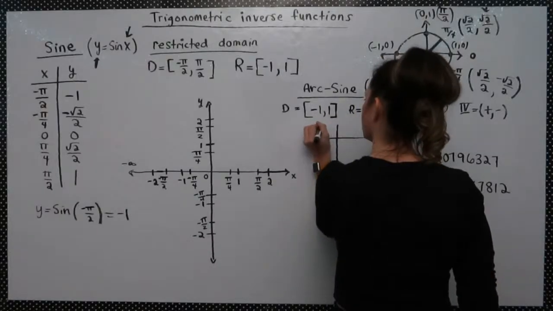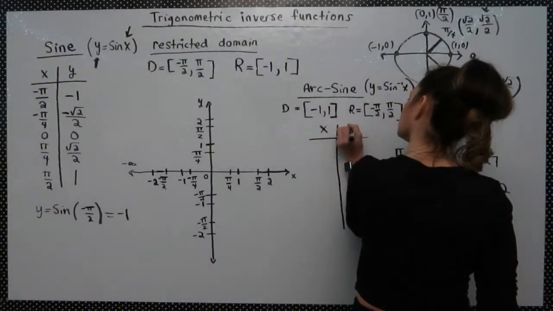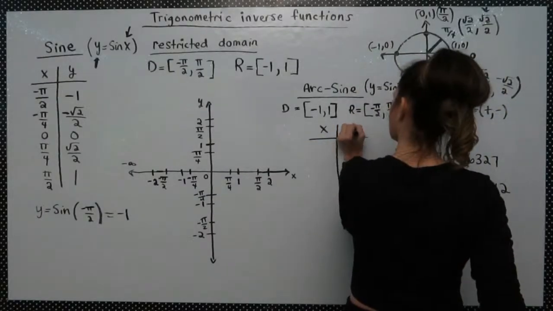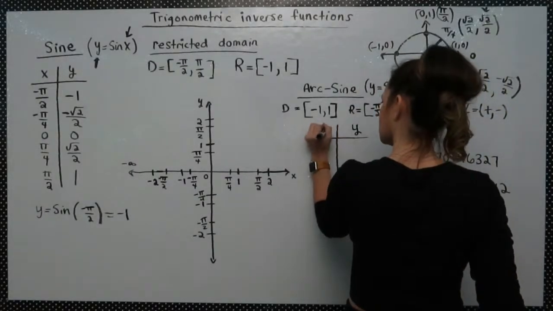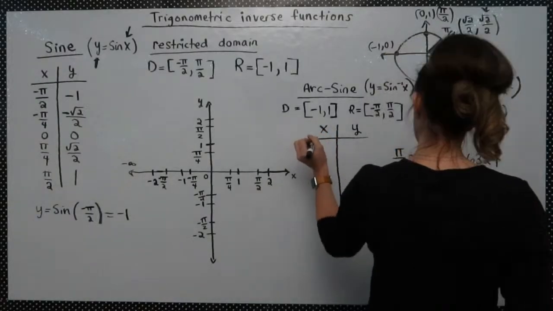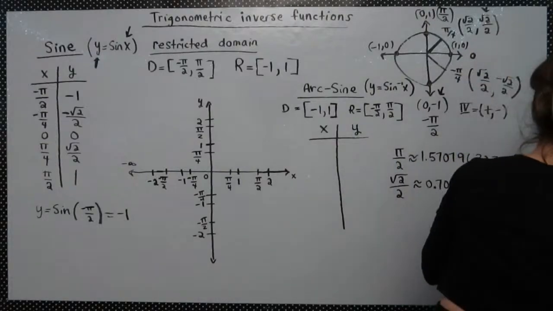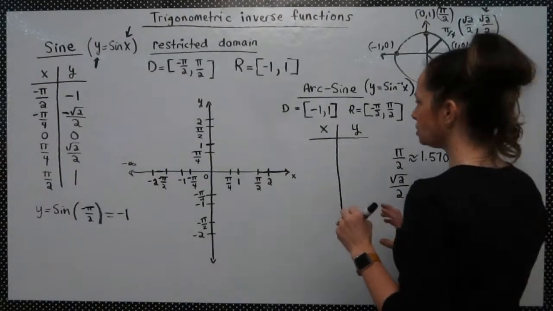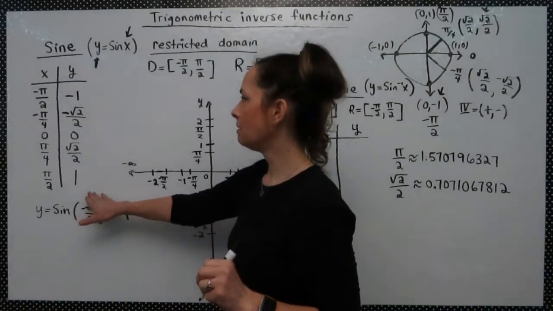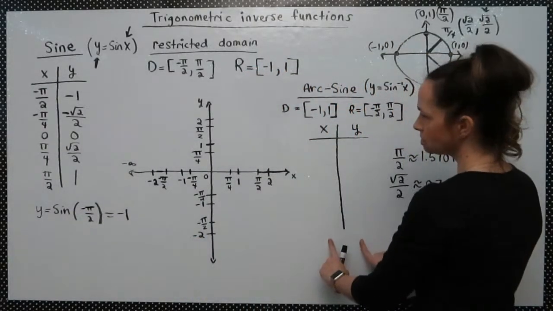And I'm going to list my domain and my range. More importantly, these are the values that I'm going to pick for my domain, and I'm going to evaluate my function in my range. Now, I could just find the values by plugging in or swapping your domains and ranges.